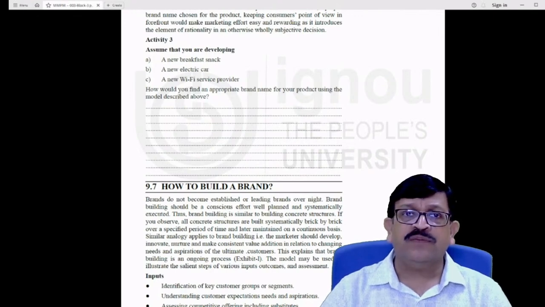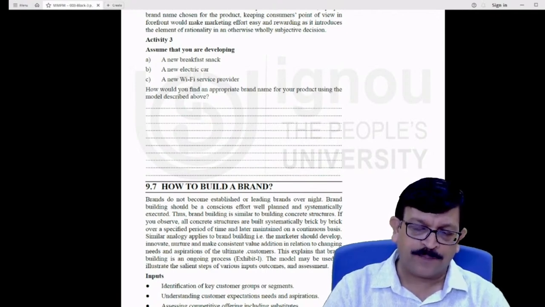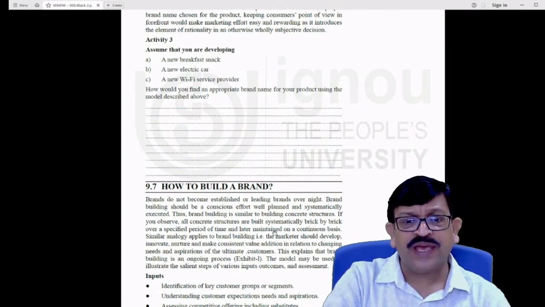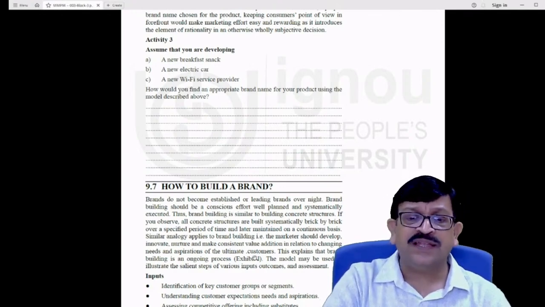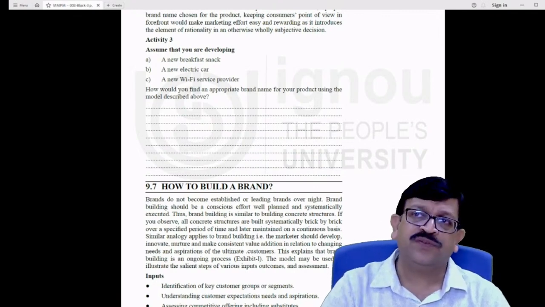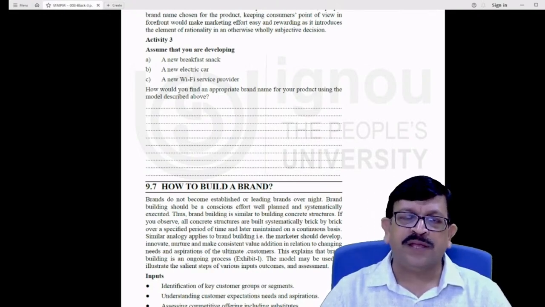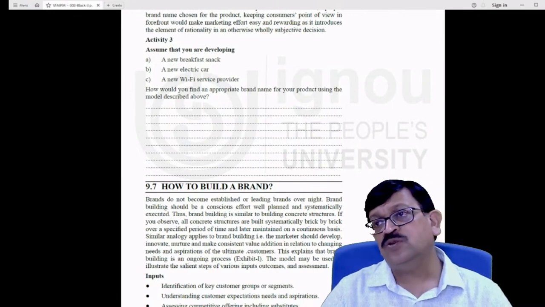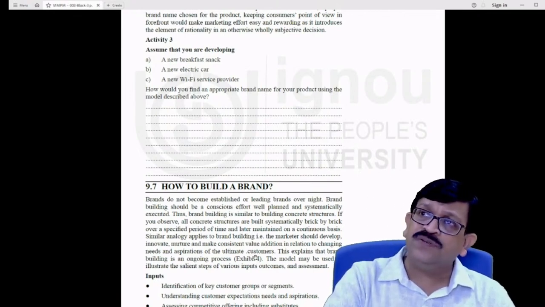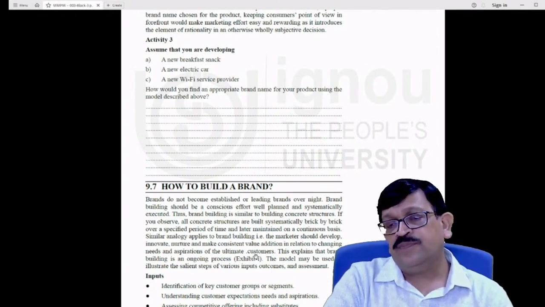So whenever we carry out a research, we try to bring in those elements to identify who the customer groups are, what kind of segments we should be looking at, what their expectations and needs are, and then which ones we should take forward in terms of targeting, and then forward with the branding process. We can also look at the competitive activity, that is, how competitive the field is that we are trying to enter, or where we are trying to offer new brands in the marketplace.